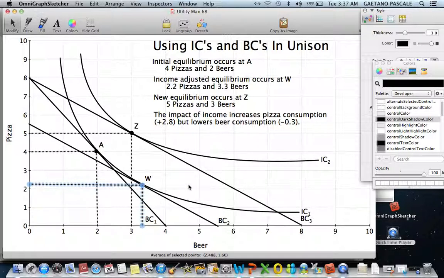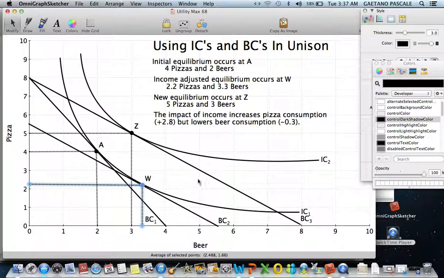If we want to add in the income effect, we can just shift out that budget constraint to budget constraint 2, budget constraint 3. That gives us the income effect. So what does that tell us about these two commodities? Believe it or not, the way these diagrams are shown, this shows that actually beer is an inferior good.